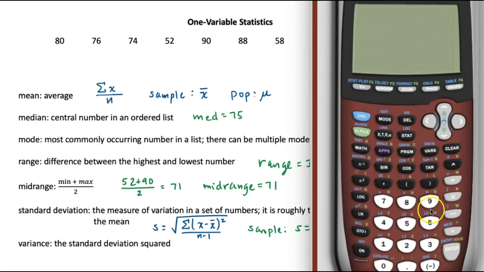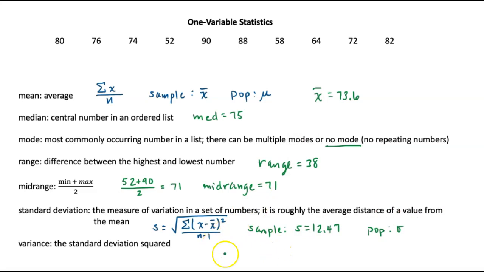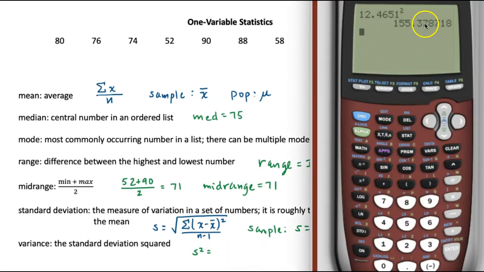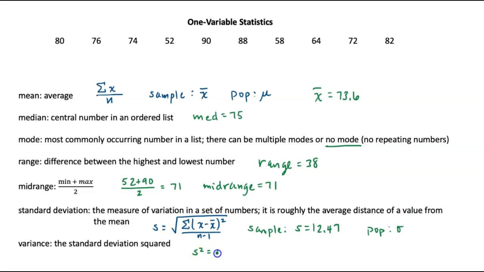So just by exiting out of that and squaring 12.4651, I get a variance of about 155.38. And so since our variance is just the standard deviation squared, we're talking about a sample standard deviation, I can just denote this that S squared is, we said this was 155.38.